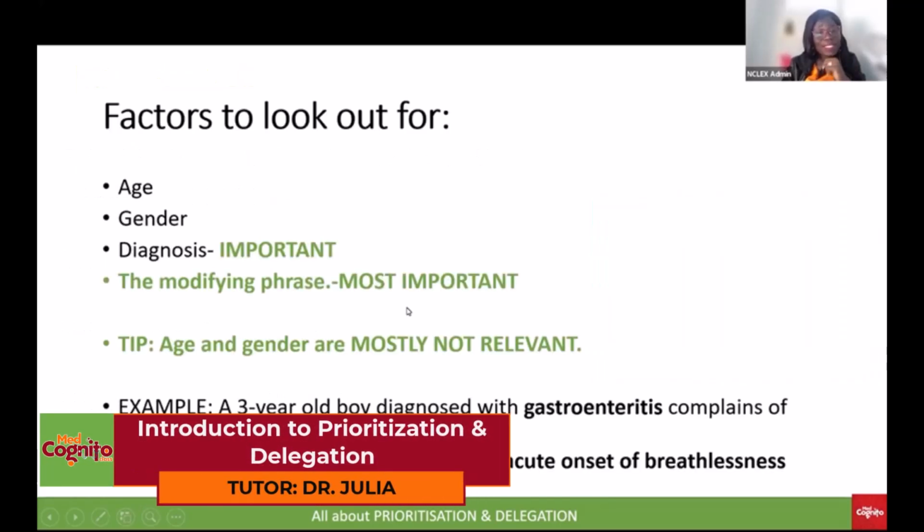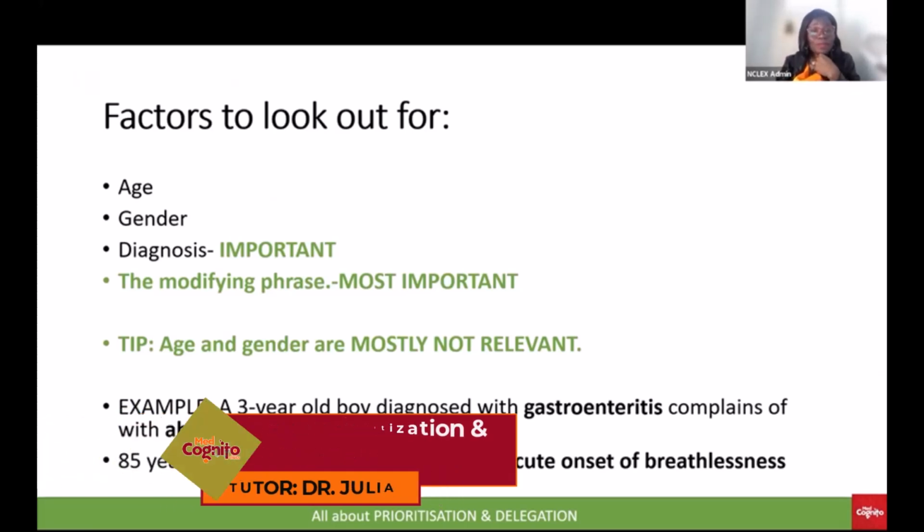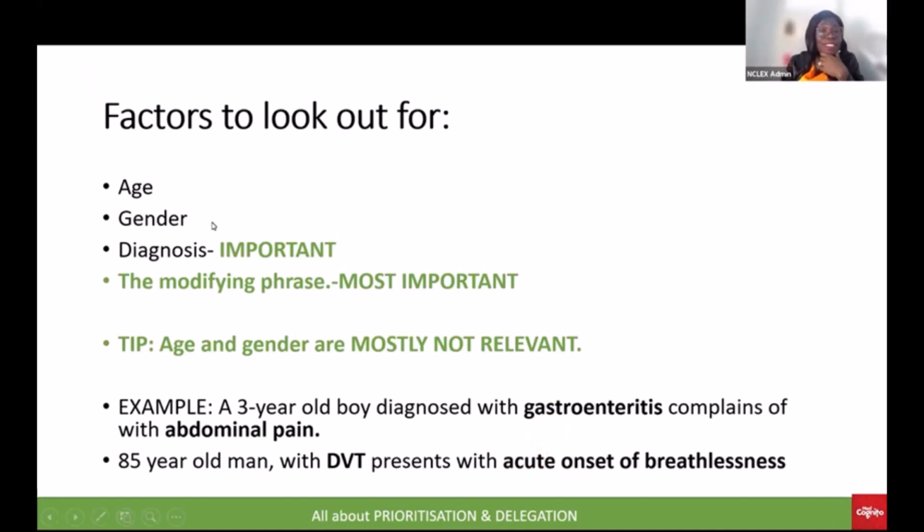So what factors will guide you in this process of prioritization? In a question, you may see the age of the patient, the gender, and the diagnosis may be given. And there would surely be a modifying phrase as well.